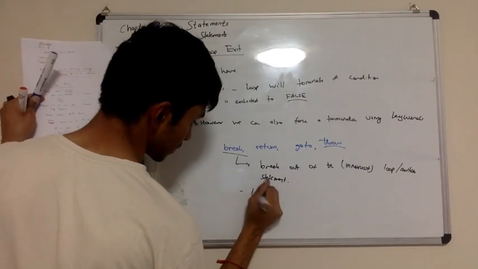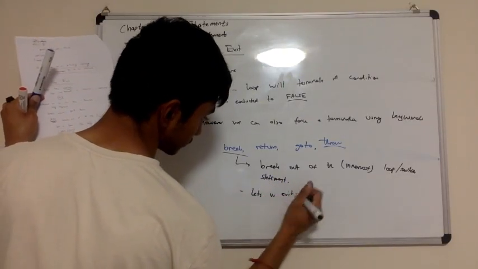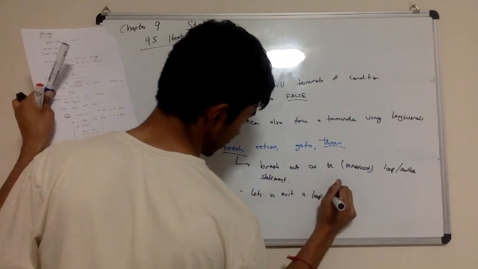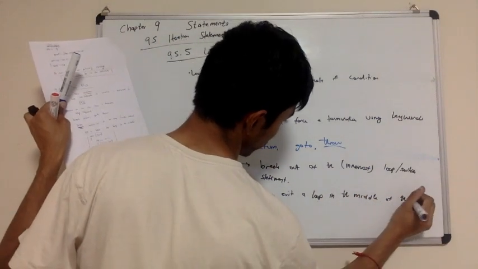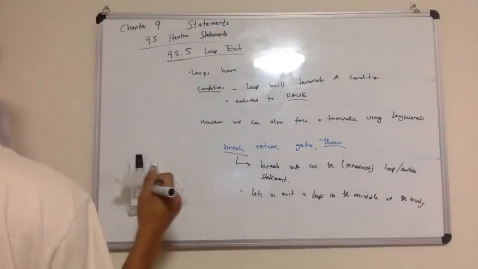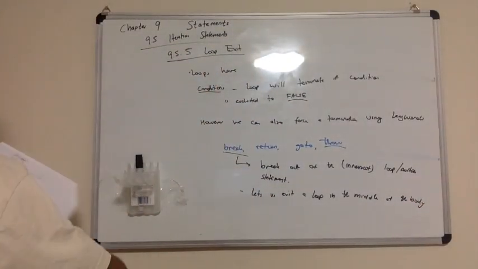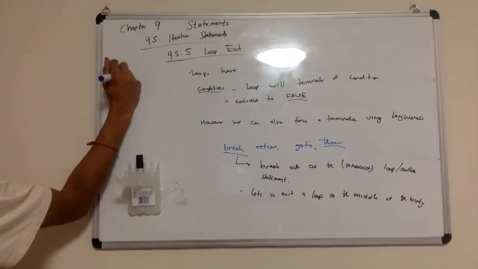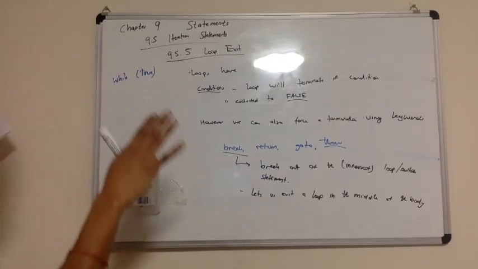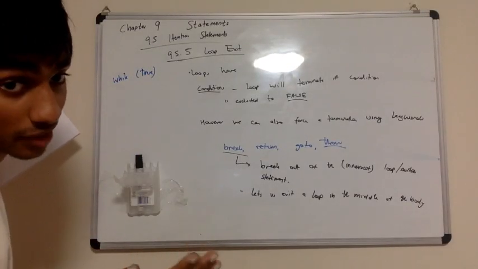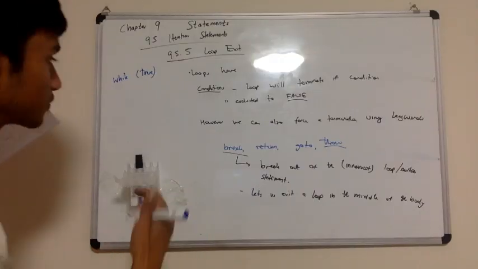Essentially it lets us exit a loop in the middle of the body. So for example, imagine I have while true. I'm just letting this while loop run forever because true is always going to evaluate to true, right? No way is the condition going to evaluate to false.